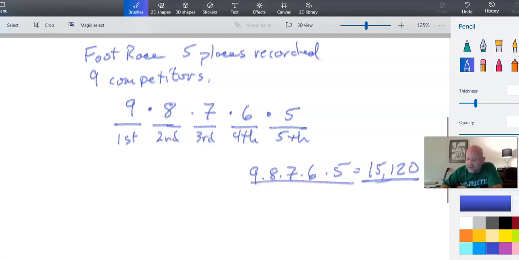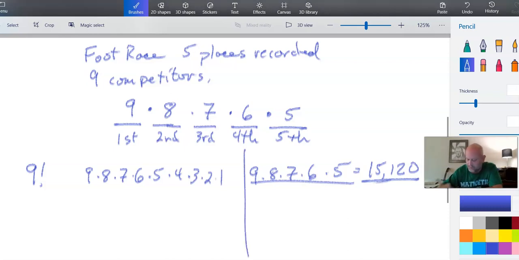So this certainly looks like a 9 factorial. I'm going to write the whole thing out in terms of factorials. I have 9 factorial here, and I know that is 9 times 8 times 7 times 6 times 5 times 4 times 3 times 2 times 1. Let's put a division there. Here's the problem: I have too much stuff here. I only need this down to the 5.